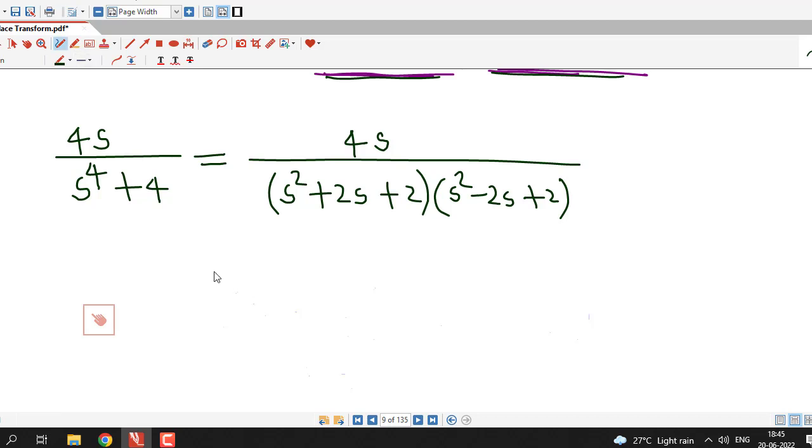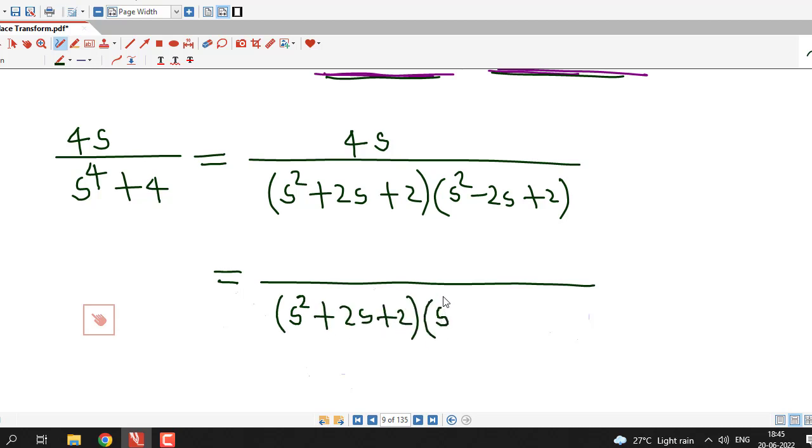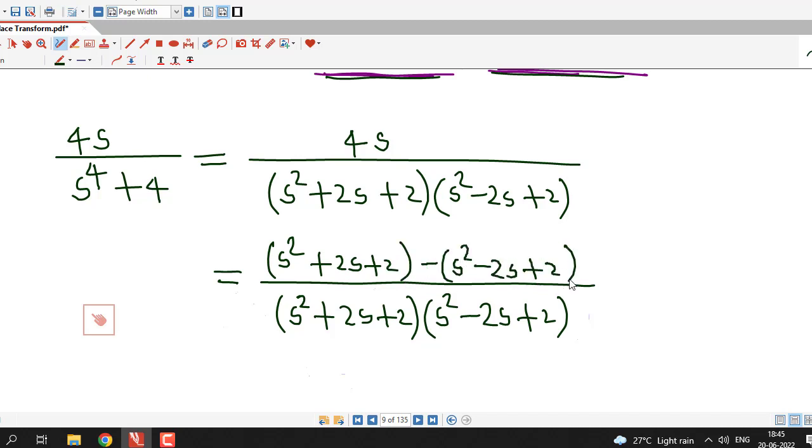So in the next step, I am writing the denominator as it is, s square plus 2s plus 2, s square minus 2s plus 2, and 4s is replaced by s square plus 2s plus 2 minus s square minus 2s plus 2.